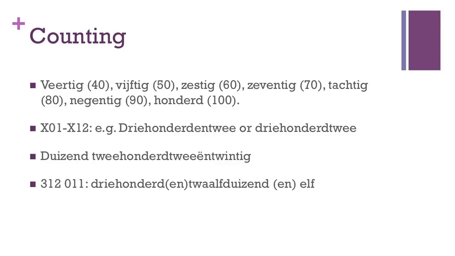Notice that everything until 1000 is written in one word. From 1000 on, we put a space in between, as in 1222, 1323. Again, until 1012, and the multiplications of 1000, you can choose to put an N in between or not.